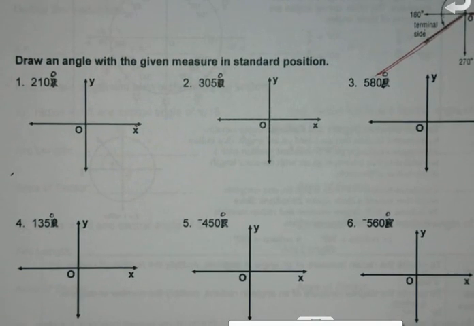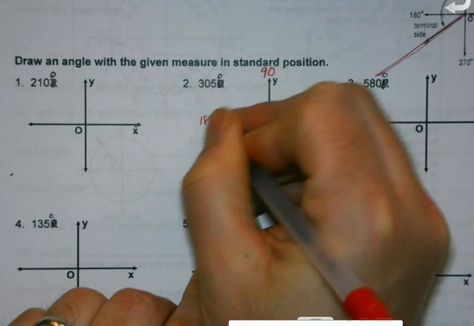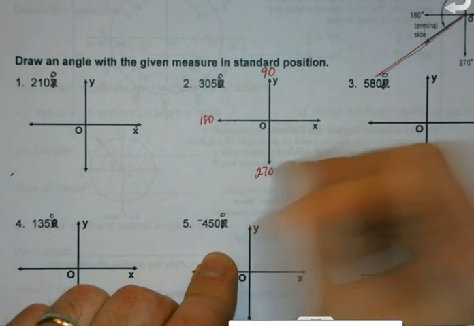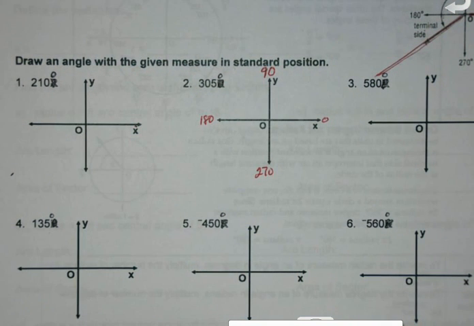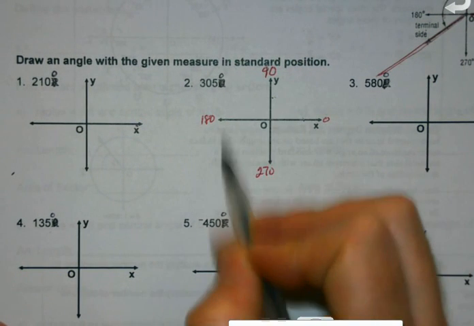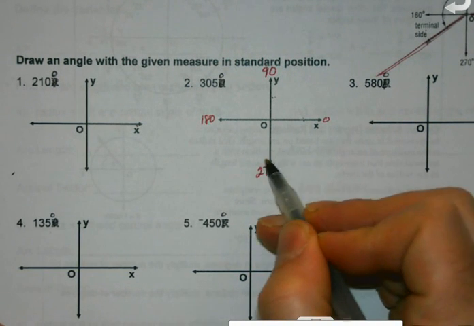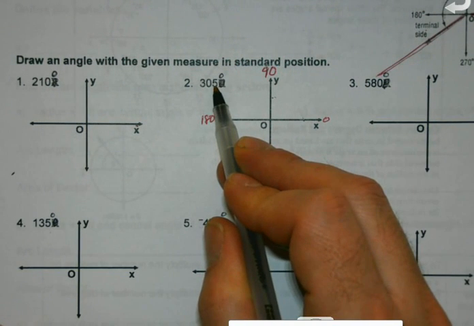So when we get to 305, at least for the time being, until you get used to it, I would label each part of my axes here with their proper degree, so you can see how this is going to work. You look at this one and say, okay, 90, 180, 270. How much past the 270 do I need to get to 305?